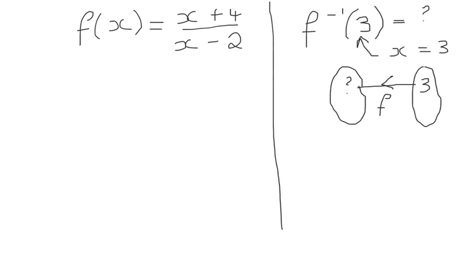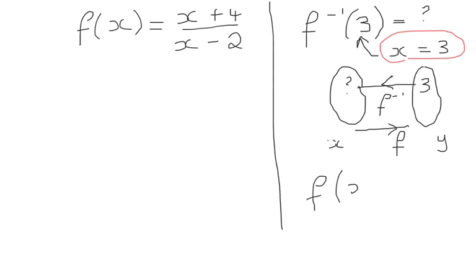This is a diagram showing the operation of the inverse function. From one of the other videos, we know that operating the opposite way is the original function. So in the original function, the values in were the x's and the values out were the y's. So this means if we have the x equals 3 going into the inverse, that 3 represents a y value in the original.